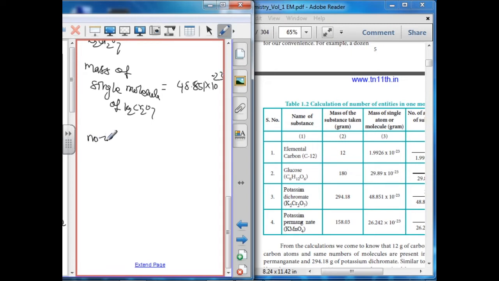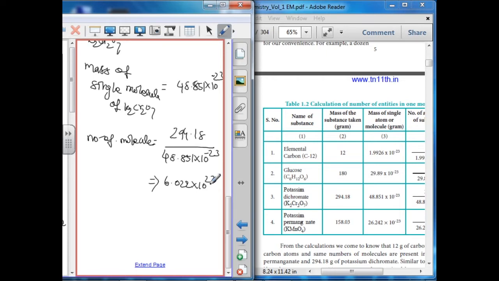So number of molecules equals mass divided by mass of a single molecule of K2Cr2O7, that means 48.851 into 10 power minus 23. Answer is 6.022 into 10 power 23.